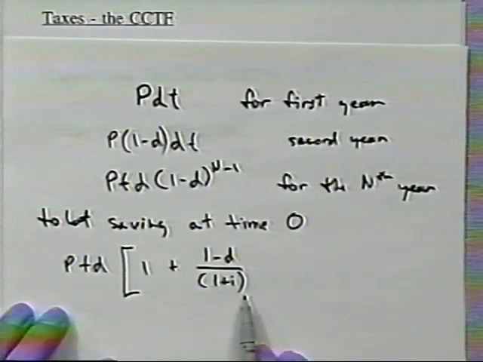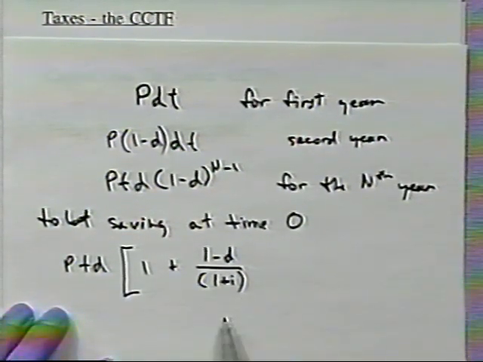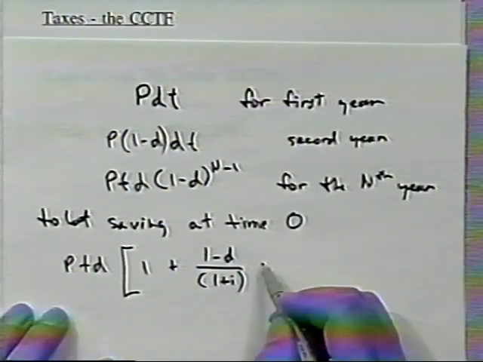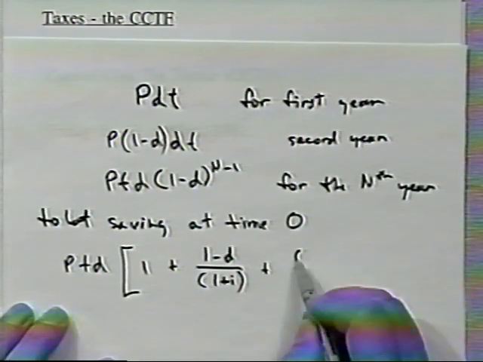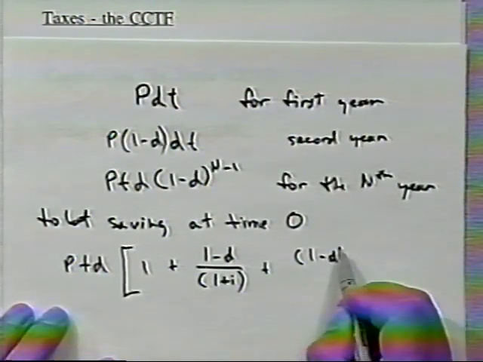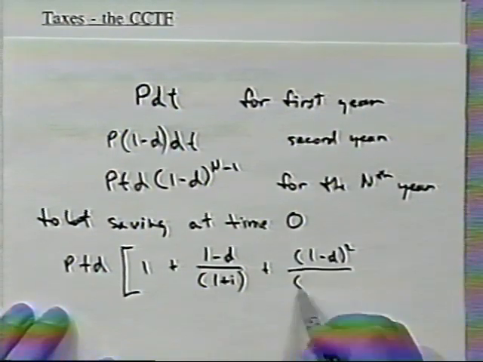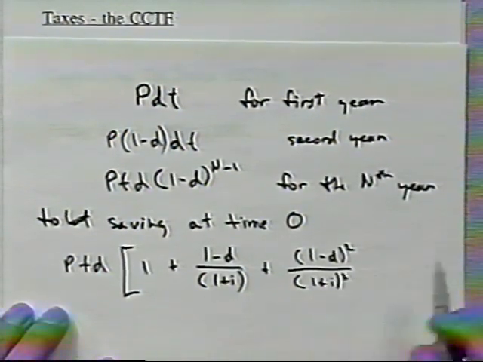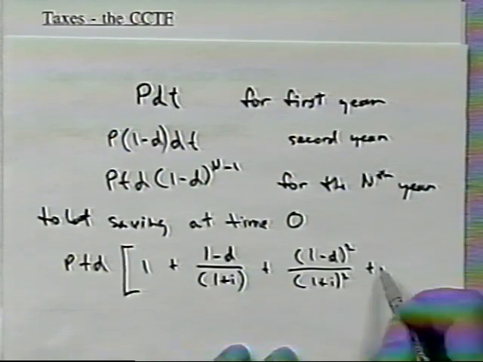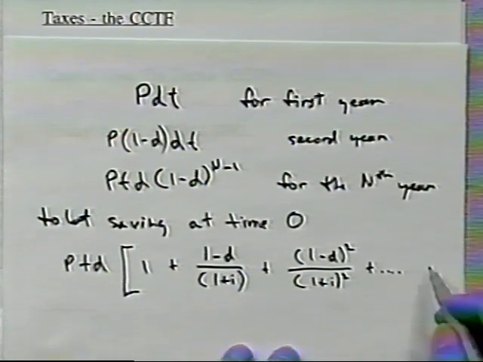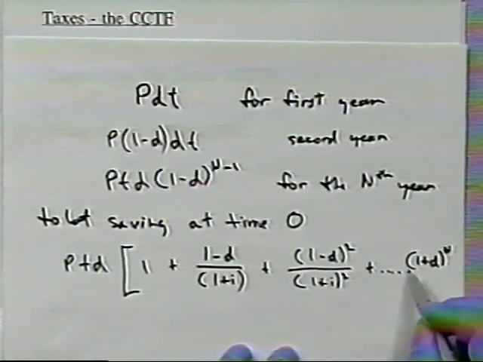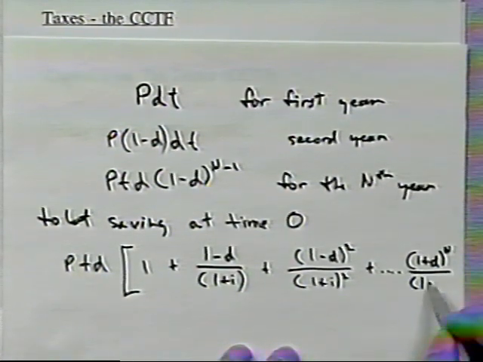The 1 over 1 plus i is the formula for the present worth factor. Plus (1 minus d) squared over (1 plus i) squared, plus dot dot dot (1 minus d) to the n over (1 plus i) to the n, plus dot dot dot forever.